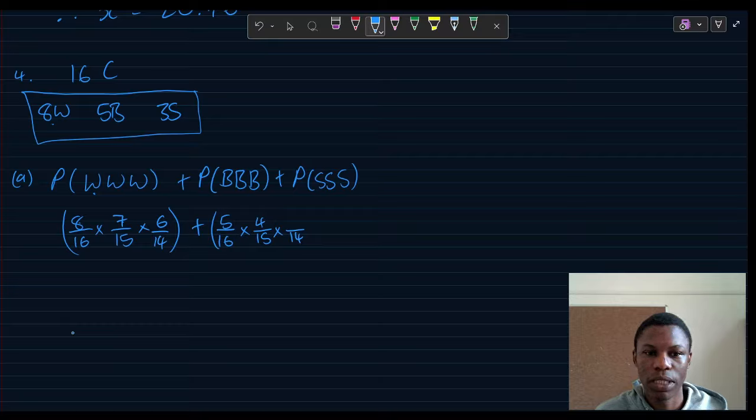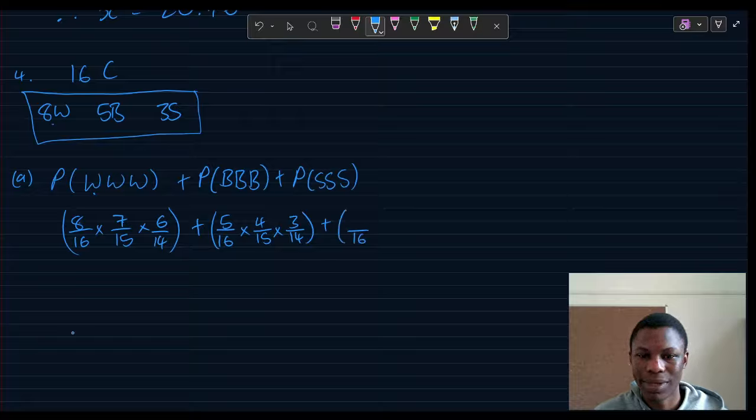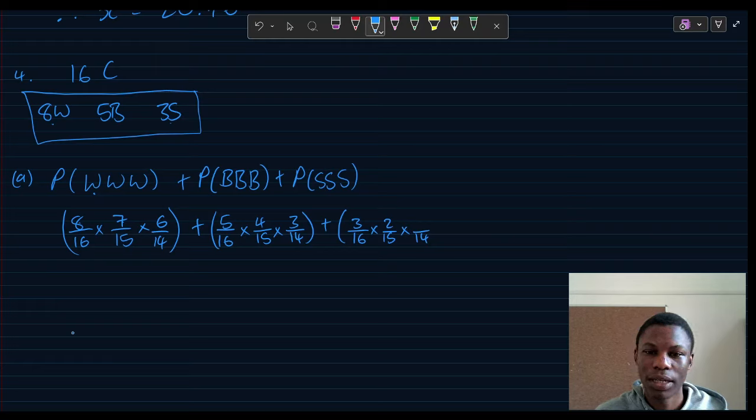And of those 14, only 3 will be black because 2 blacks were picked before. And now for the silver ones, we'll start with 16. We have 3 out of 16. Once we pick one car, we're left with 15. We picked a silver car, so only 2 are left. Now we've picked 2 cars, so only 14 cars remain, 1 of which is silver.